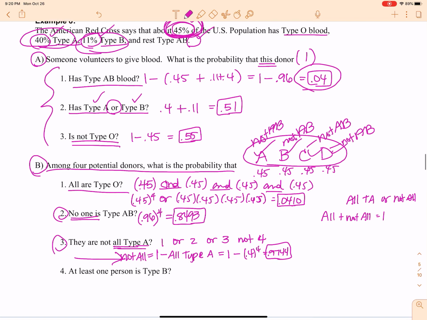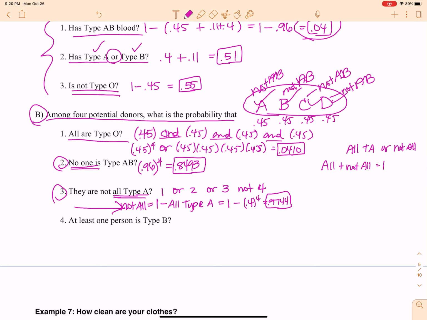All right. At least one person is type B. This is kind of like what I just did on number 3. If at least one person is type B, that means I cannot have a situation where none of them are type B. So no type B plus at least one is equal to 1.